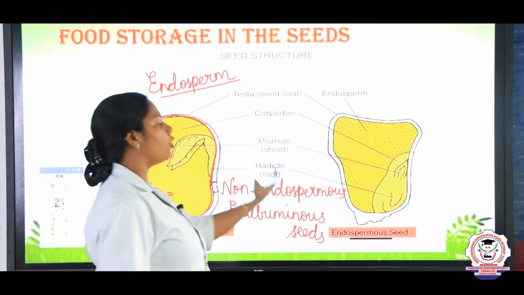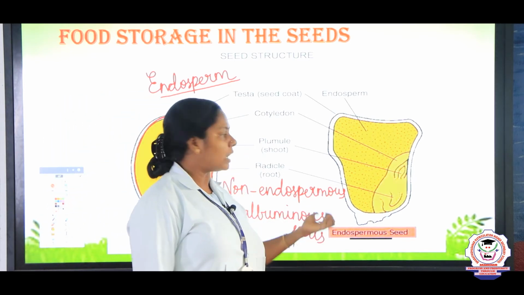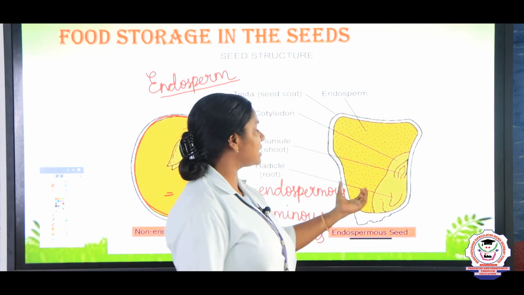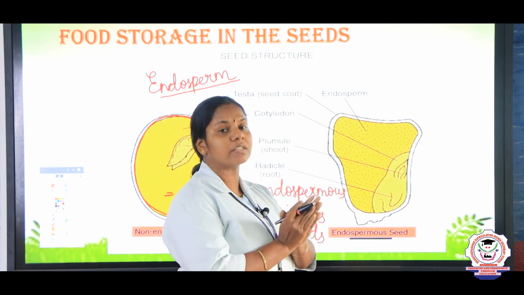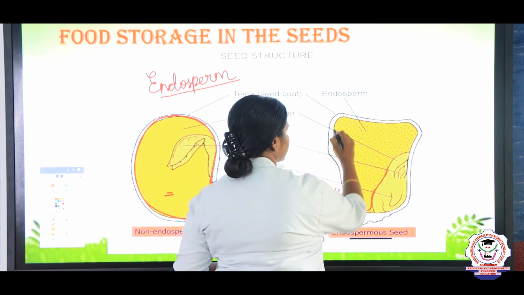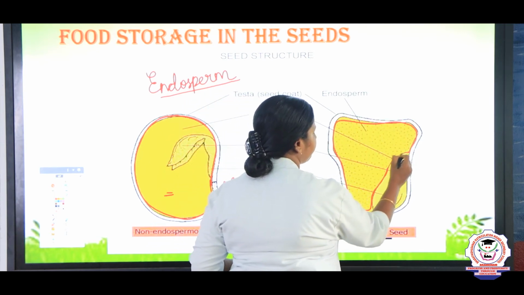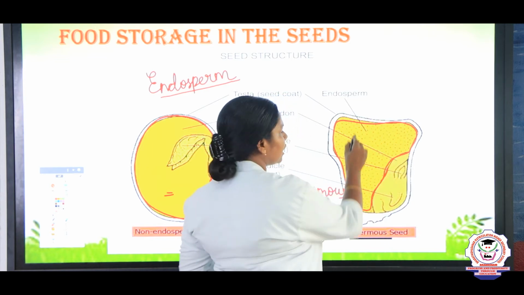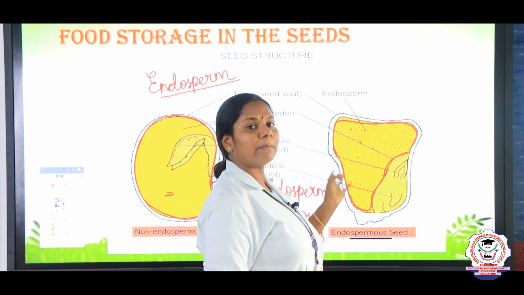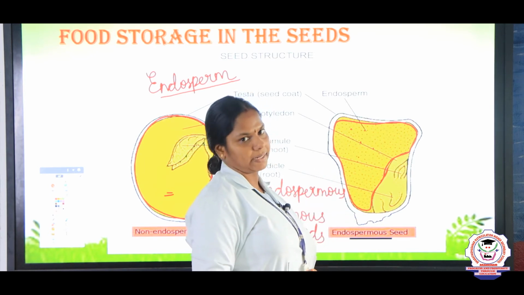But in the case of monocots, if you take wheat, maize, rice or oats, you can see the majority of the seed is occupied by the endosperm. This is the endosperm where plenty of food is stored. Plenty of food granules is stored and it is utilized for the complete growth of the plant, right?